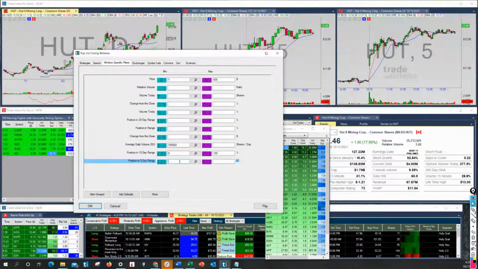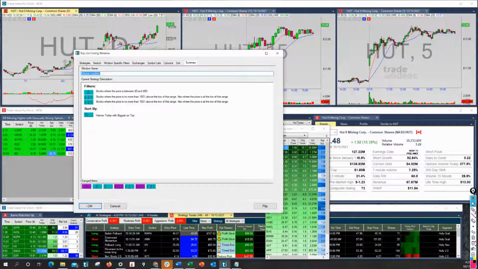And then a 0 and a 100 on this. All right, let's get rid of that metric there. But I don't want everything coming through. So let's just go with between $5 and $50 just to limit the data that's going to come through real fast here. Let's just see what we got.